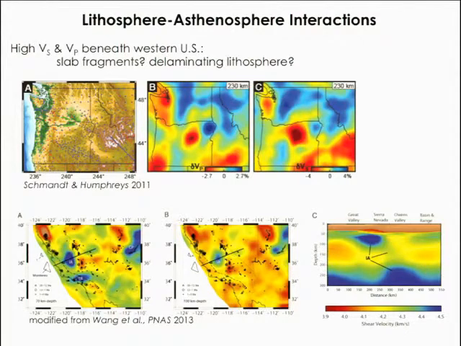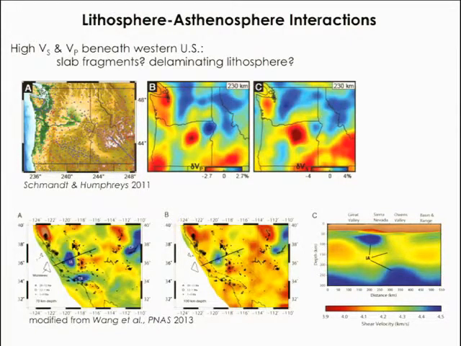Moving further south, Yun Wang and Don Forsyth and others have suggested that a couple of high velocity anomalies beneath Baja California and also beneath the southwestern U.S. are fossil slabs that are still attached to their oceanic microplates. The images here show shear velocity at 70 and 100 kilometers depth. You can see high velocity anomalies associated with the Colorado Plateau, with the Transverse Ranges, and also with the Isabella anomaly.